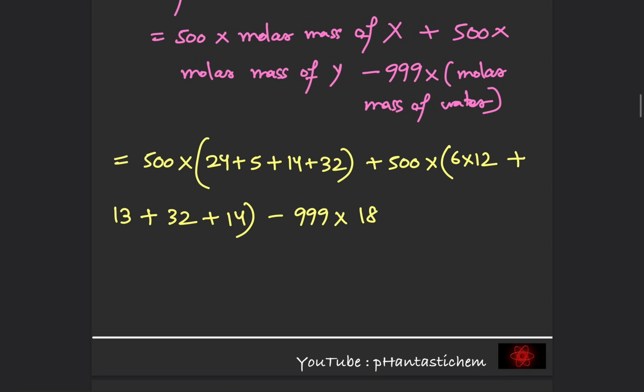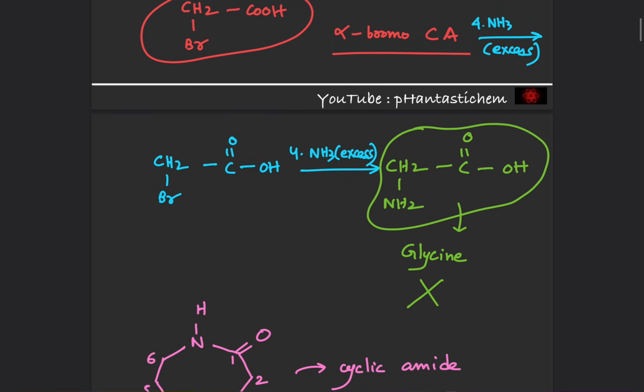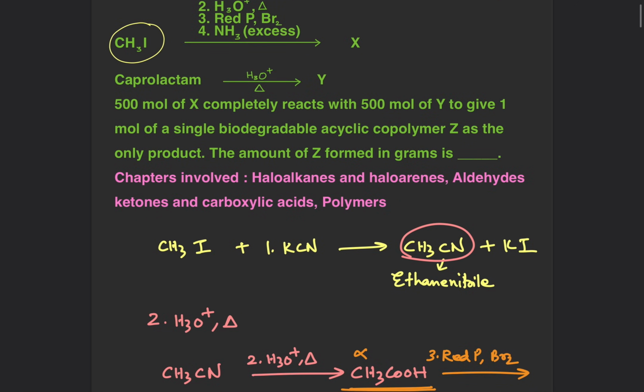Molar mass of water is 18. Okay, so when you do this calculation, you will get the final answer as 85,018 gram. Okay, so therefore the amount of Z formed in grams is 85018 grams. Okay, thank you.